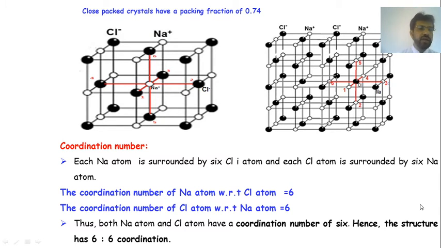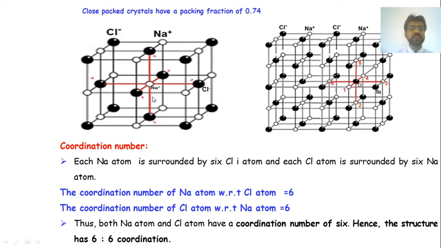Now the third point, here we are going to see about the coordination number. Now we have already defined the coordination number. So now we are going to see the coordination number of the Na plus atom with respect to the Cl, and the Cl atoms with respect to the Na atoms.